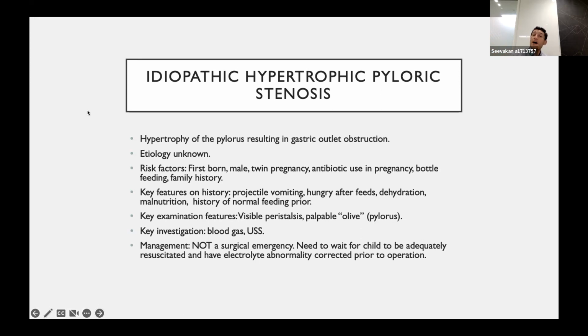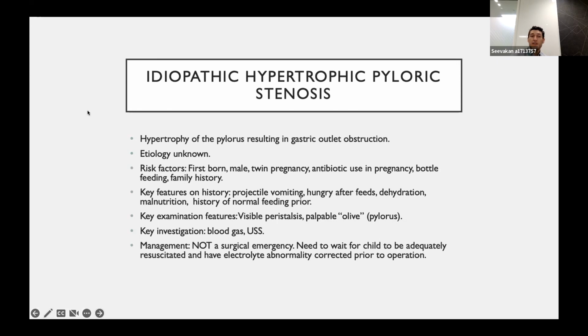I've never seen visible peristalsis on a kid with pyloric stenosis, so it's really rare. I have felt maybe 4 palpable olives in kids. So the actual examination of a kid with pyloric stenosis is usually not very helpful at all.